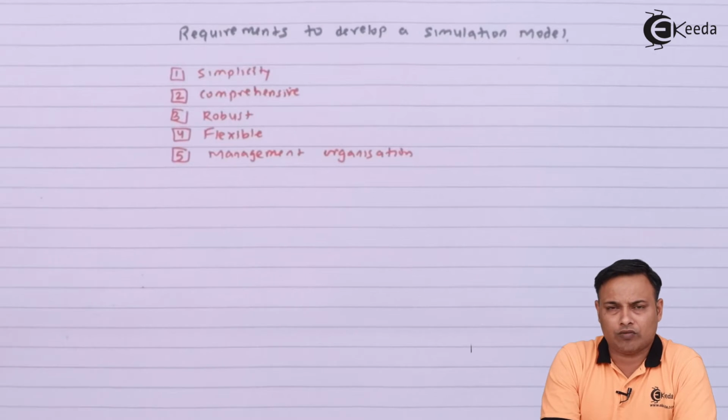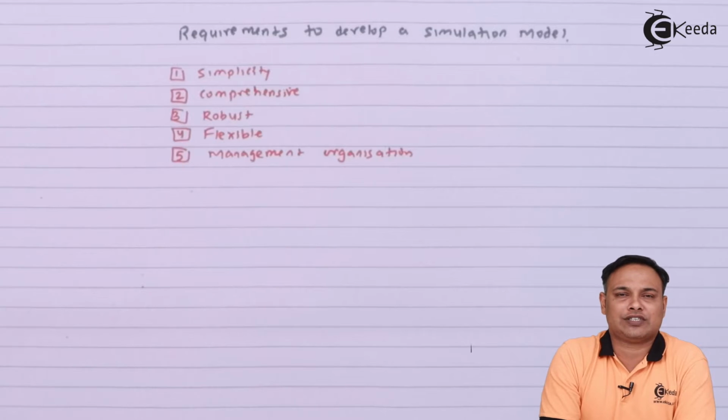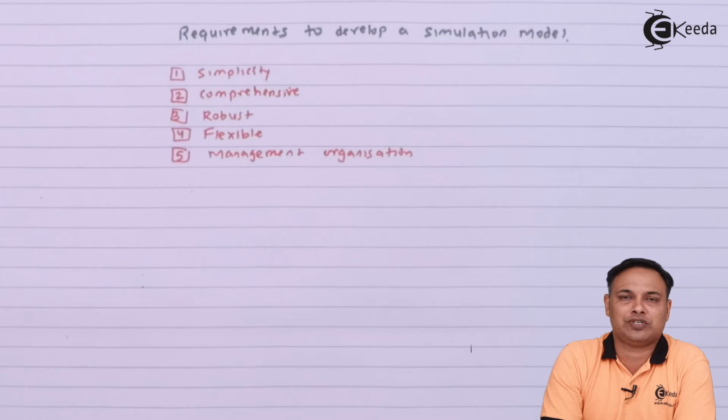So these are some of the basic requirements of a good simulation plan or simulation model. Now the next thing I'm going to discuss is variables that are used in a simulation model.